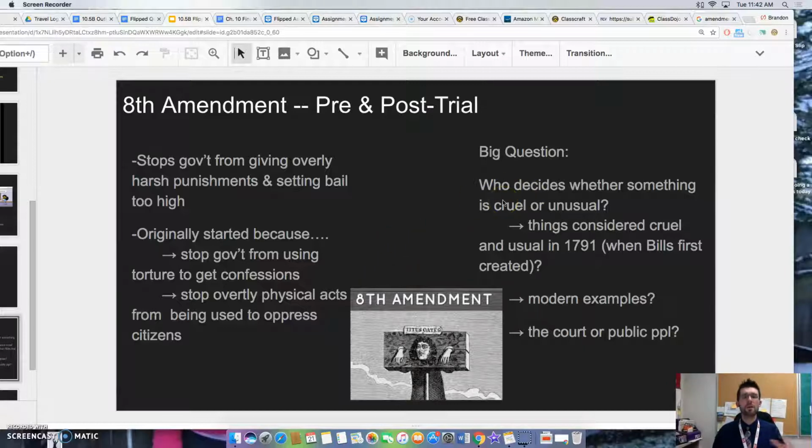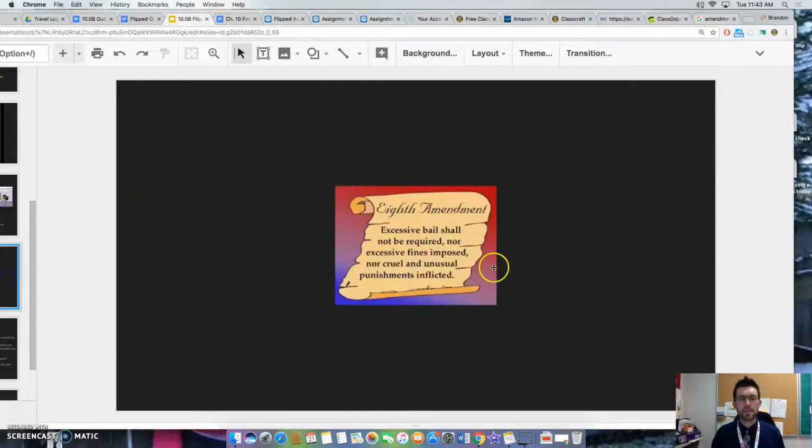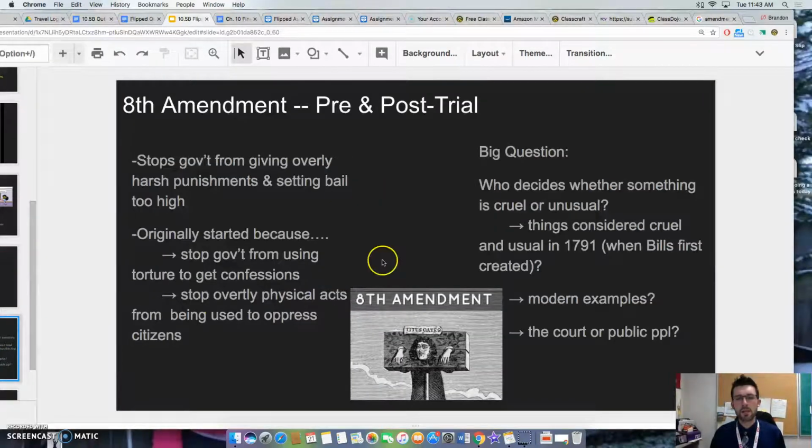So we come to a really big question, because in the Eighth Amendment, and let me go back to it, it says we cannot have cruel or unusual punishments as negative consequences. So who decides whether something is cruel or unusual? The answer may not be as easily defined as we would like to think.